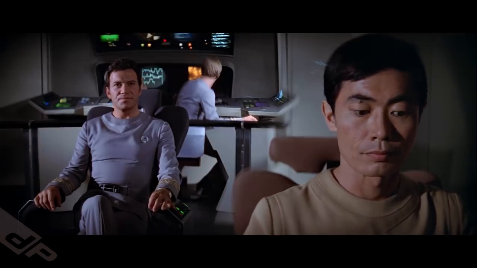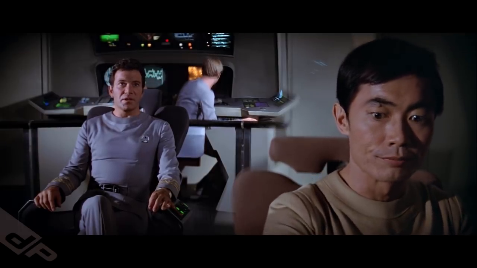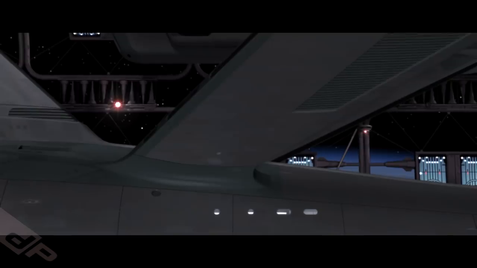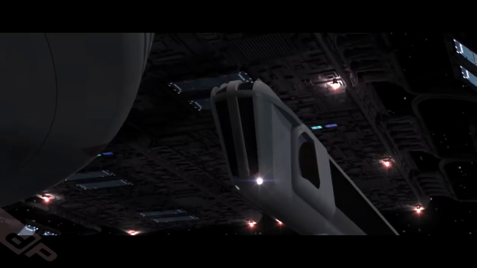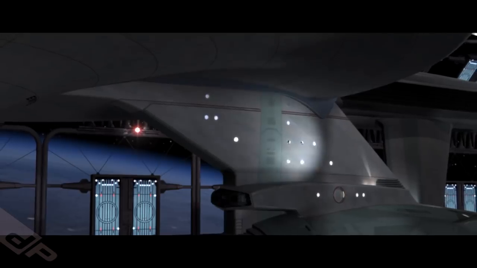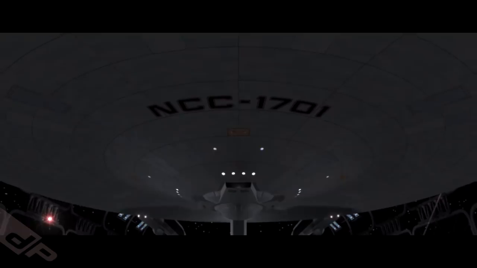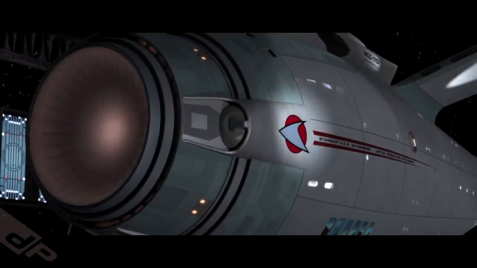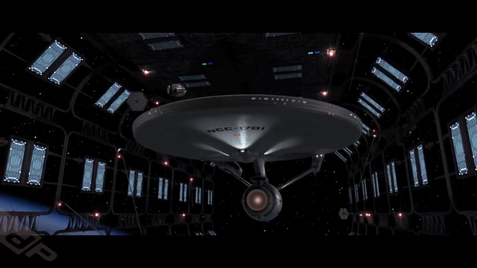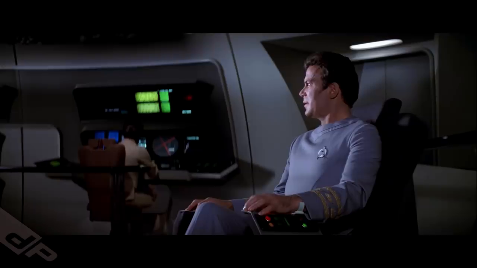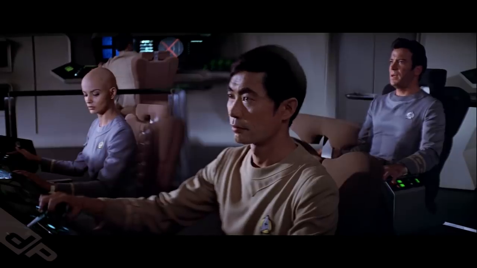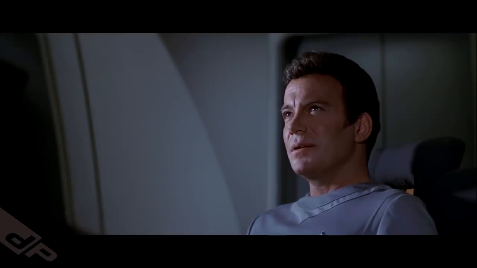Maneuvering thrusters, Mr. Sulu. Maneuvering thrusters, sir. Hold station. Thrusters at station keeping, sir. Thrusters ahead, Mr. Sulu. Take us out.